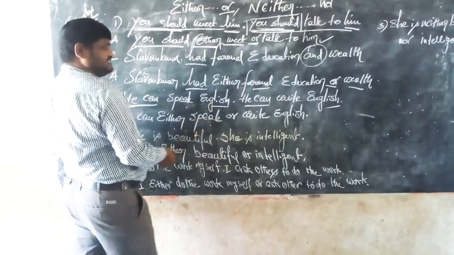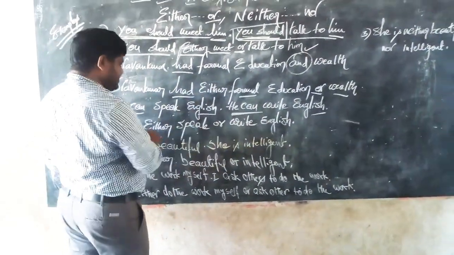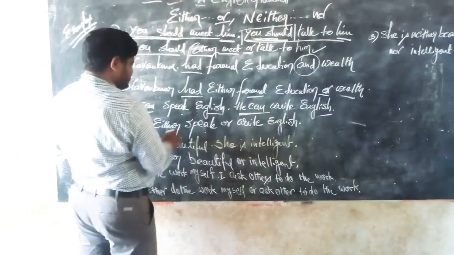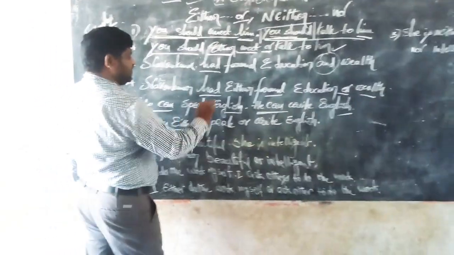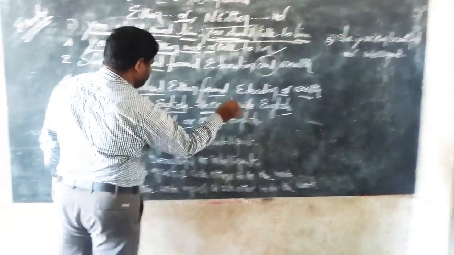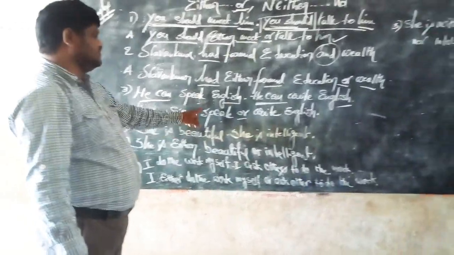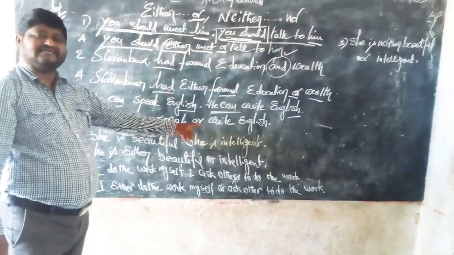In the second sentence, you have removed he can. He can speak either, and then next or write English. Okay, friends. He can either speak or write English.